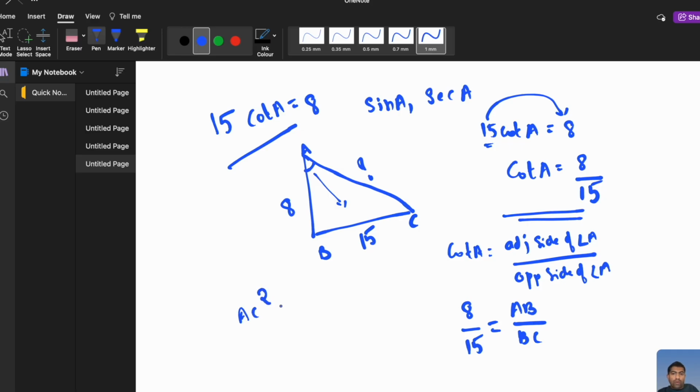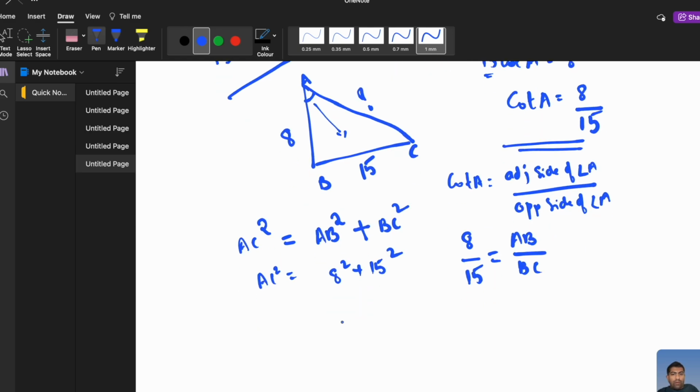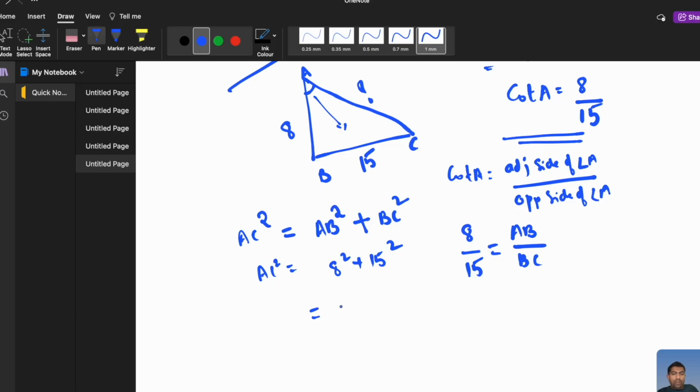So we know Pythagoras theorem: AC square, the hypotenuse square, is equal to the sum of squares of the other two sides of the right angle triangle. So AC square is equal to 8 square plus 15 square. 8 square is 8 into 8, that is 64. 15 square is 15 into 15, that is 225.